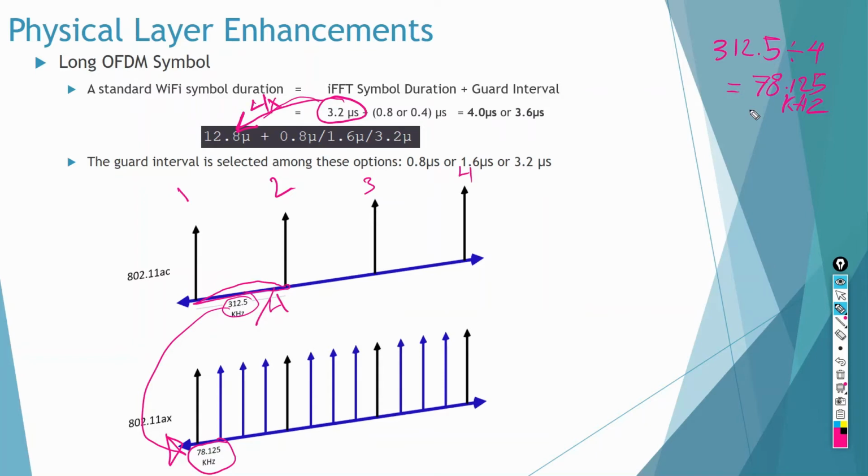Okay, so up until this point, we have learned a lot about the changes between time domain and frequency domain, but we still didn't reach the point that explains how this change enhances Wi-Fi at the PHY layer.